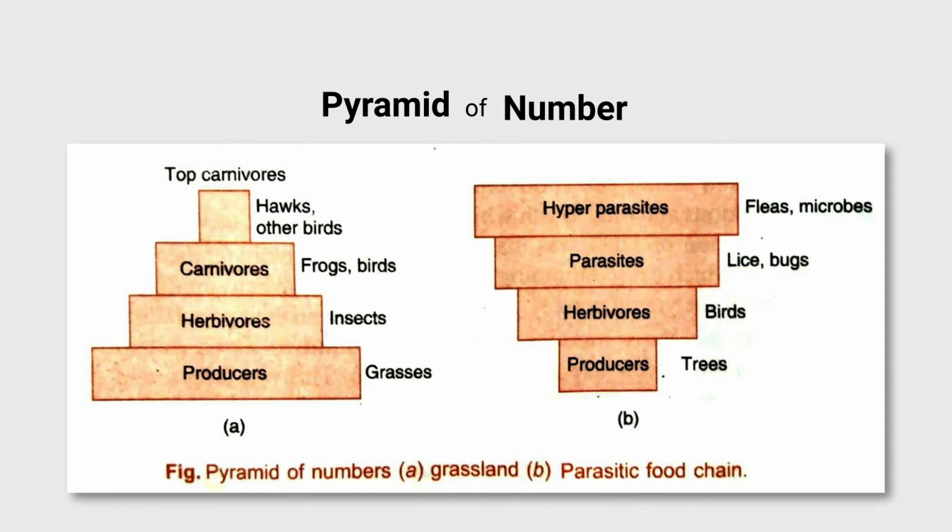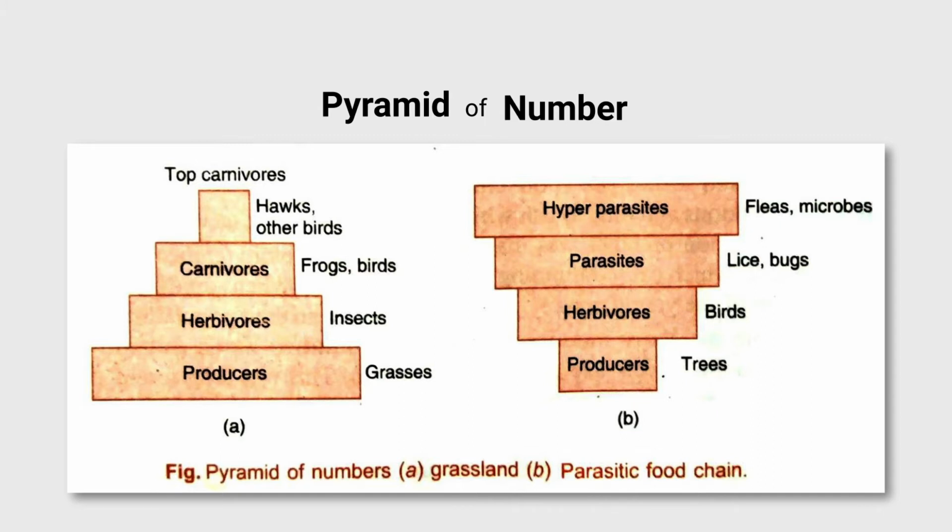Then the next level is carnivores, the frogs and birds that feed upon the insects. They have a small number. So in that way, it will form the kind of pyramid we call an upright pyramid, right?